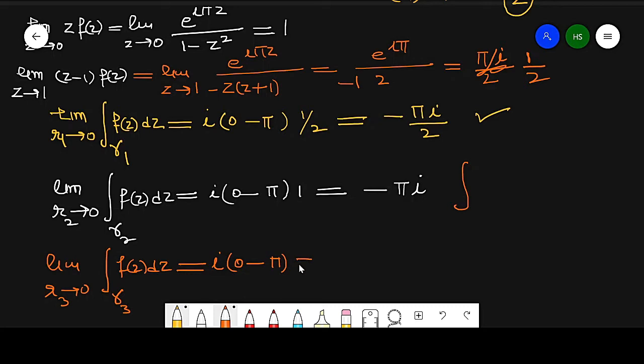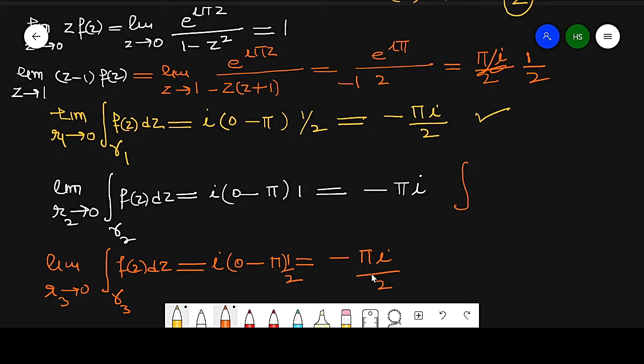If it is 1 by 2, this term will become minus pi iota by 2. So all three terms are negative, and we get the value of all the three terms. This is pi minus pi by 2, minus pi iota by 2, minus pi iota by 2, and this is minus iota pi. Now next is the fourth part, which is z equal to 0.